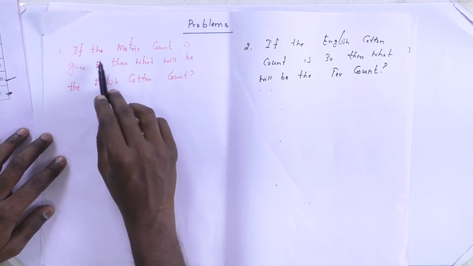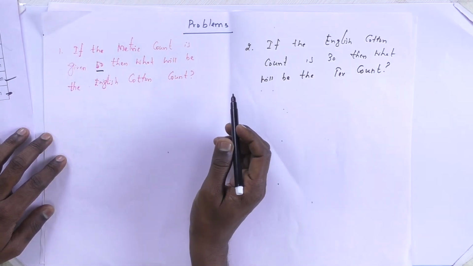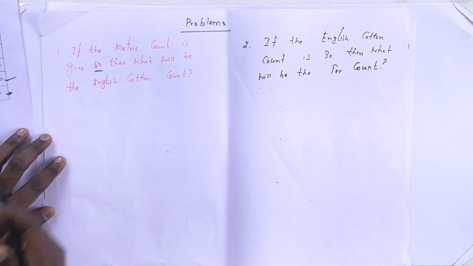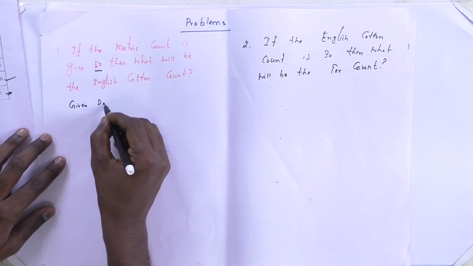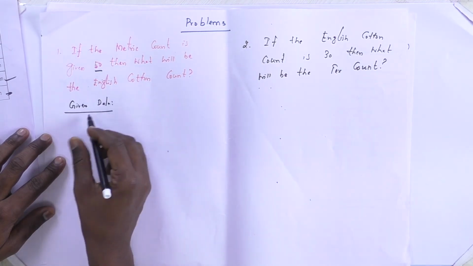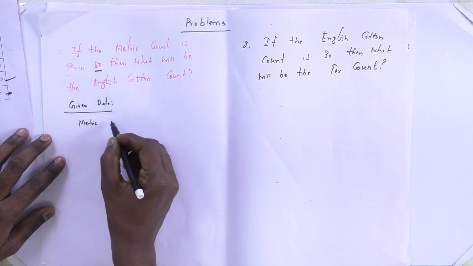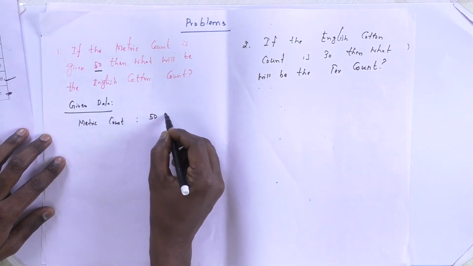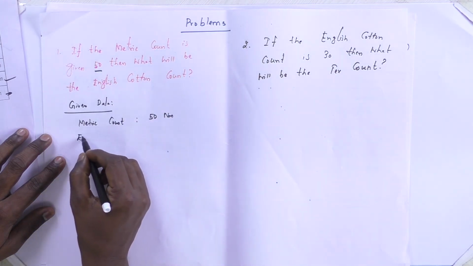For example, if the metric count is given as 50, then what will be the English count? For that, we have to write the given data first. Given data, the metric count is 50 Nm. They are asking what will be the English count.